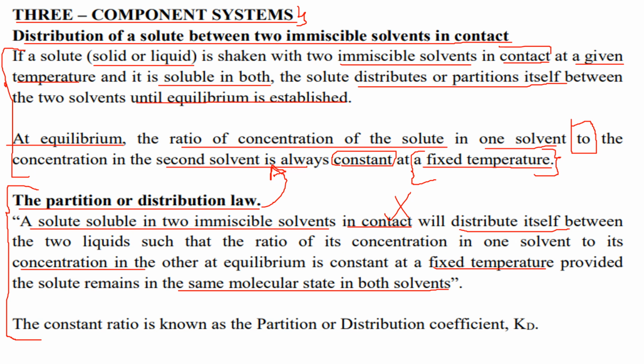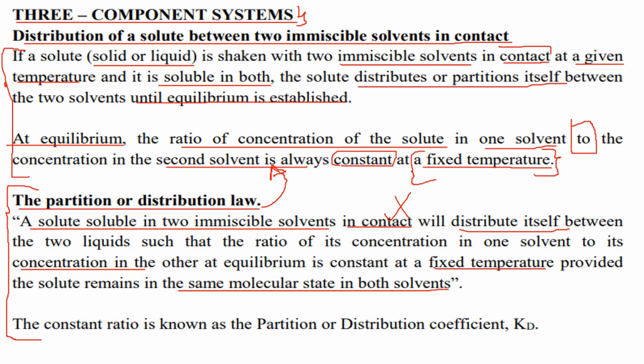And the other condition, which is very important, is that the solute must remain in the same molecular state. And we have said that the solute remaining in the same molecular state in both of the solvents can also mean that the solute must not undergo association or dissociation.